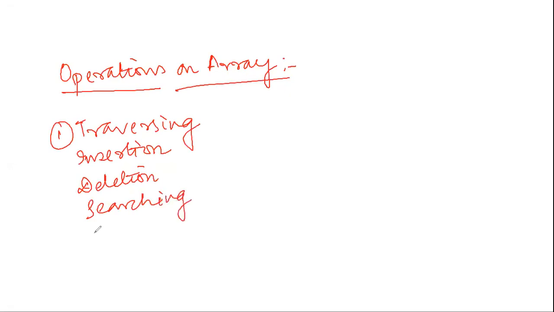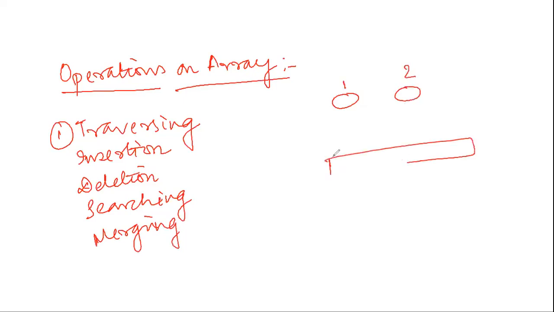Next is merging. We can merge two arrays, right? There is some array 1, there is array 2. We can merge these two arrays so that after the elements of 1, the elements of 2 start, and it is shown as a separate array 3.